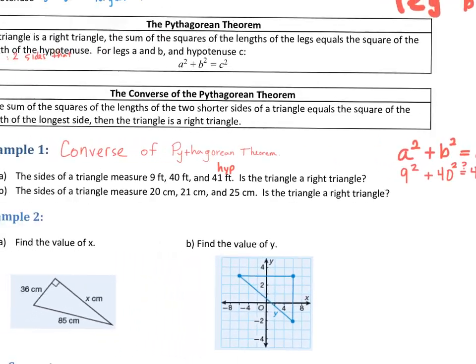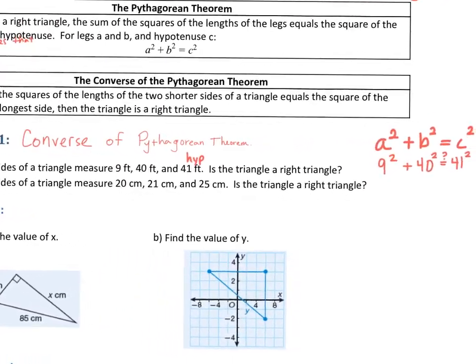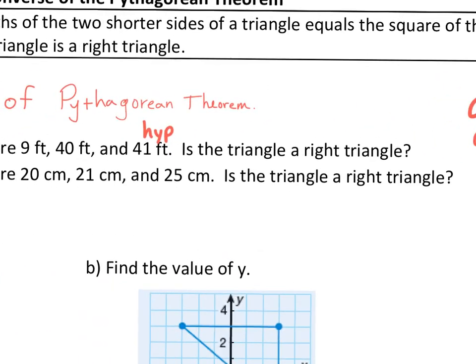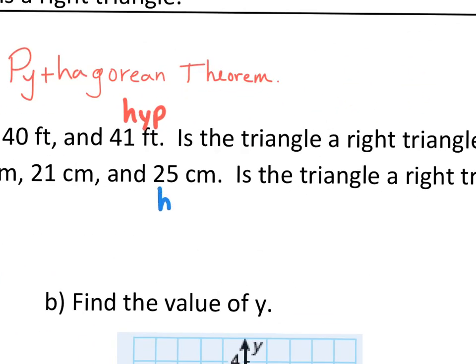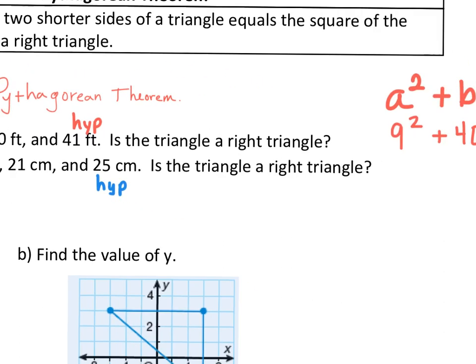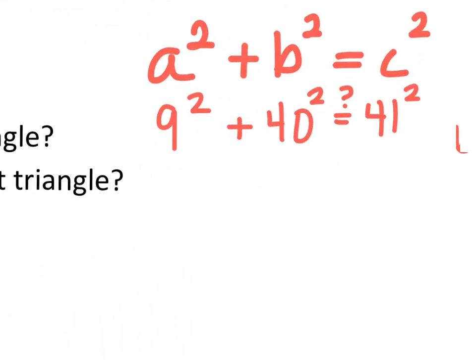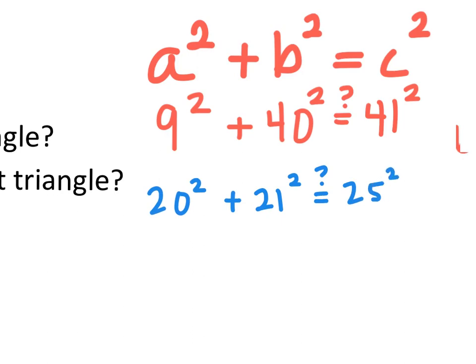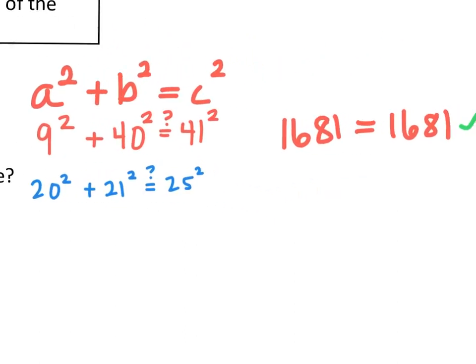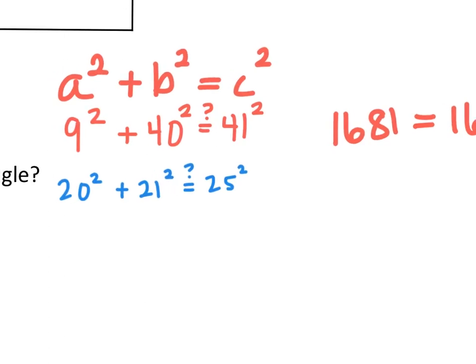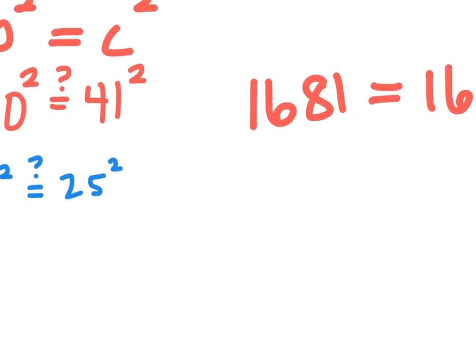In problem 2, we're given the lengths 20, 21, and 25. So again, we will designate 25 since it is the longest. That would have to be the hypotenuse if this is a right triangle. Remember, we don't know that yet. So we'll take 20 squared plus 21 squared and ask, does that equal 25 squared? 20 squared is 400, and 21 squared is 441, so the left side is going to equal 841.